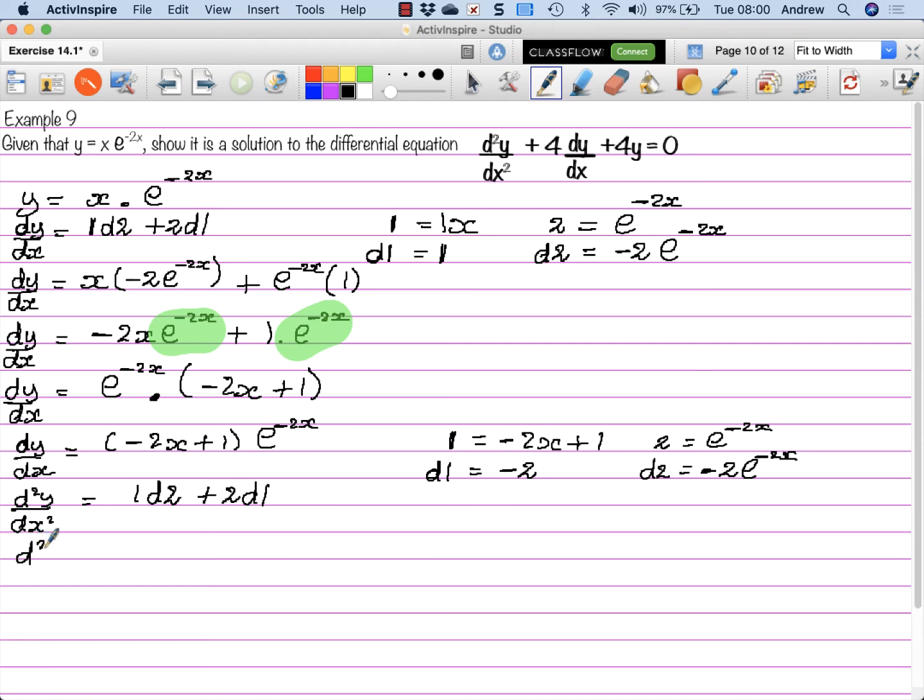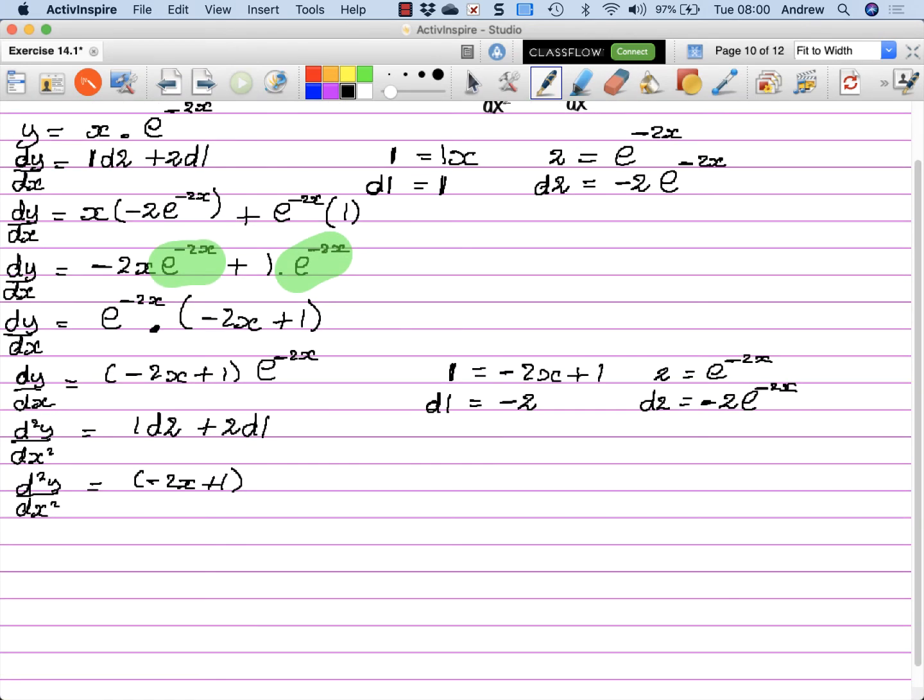So d2y/dx squared is equal to the first, which is minus 2x plus 1, times the differential of the second, which is minus 2 e to the minus 2x, close bracket, plus the second function, which is e to the minus 2x, times the differential of the first function, which is minus 2.